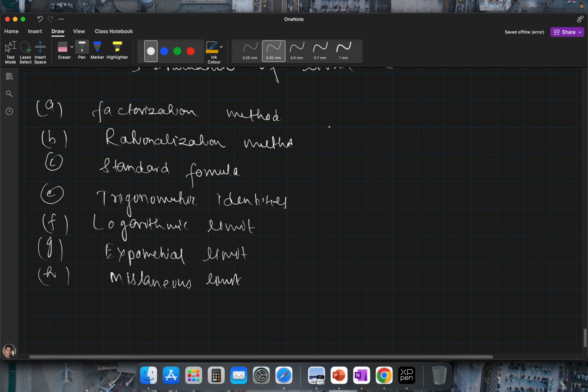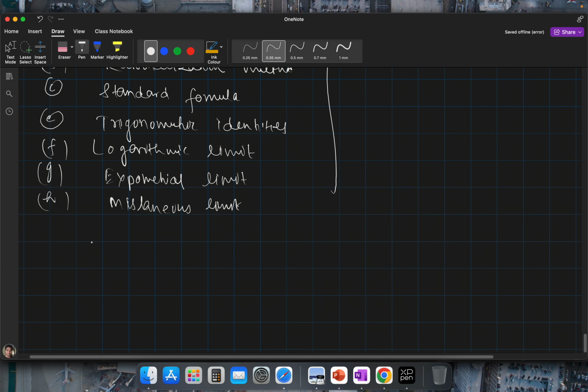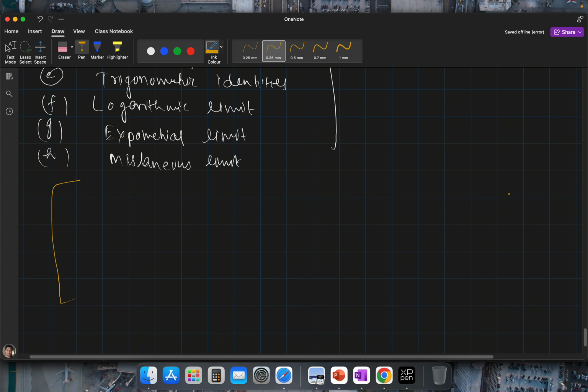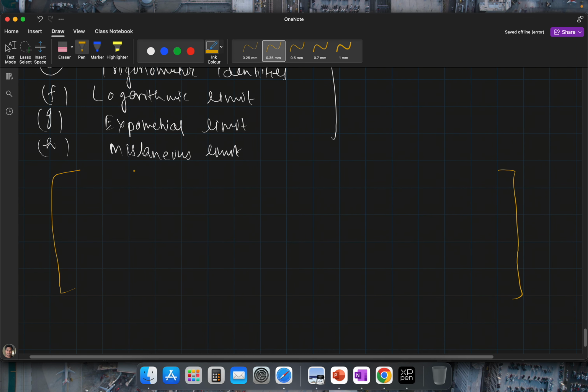Okay, so these are the kinds of limits. But one thing you can always apply is L'Hospital's rule.